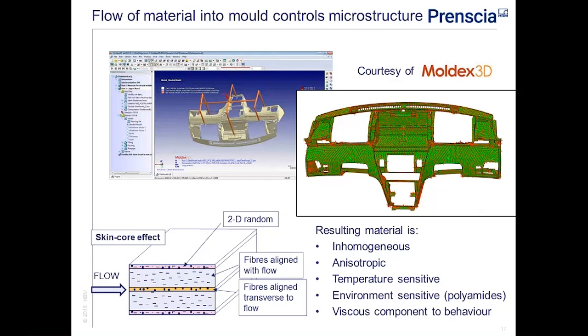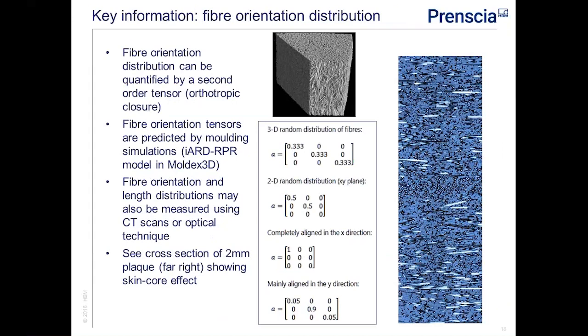So if we actually want to analyse this kind of component properly, we need to know what the microstructure is like at every point in the model. And in particular, we need to know the distribution of the fibre orientations.